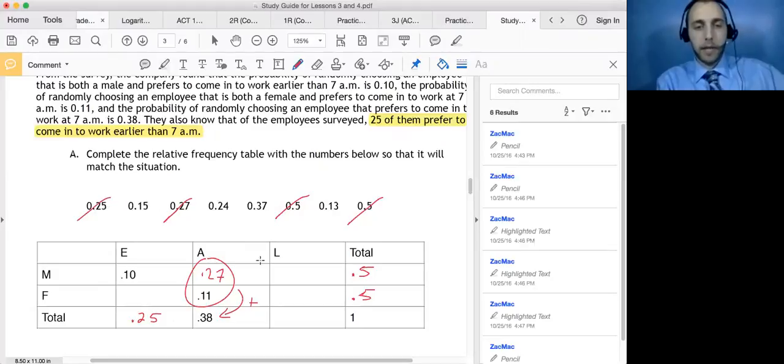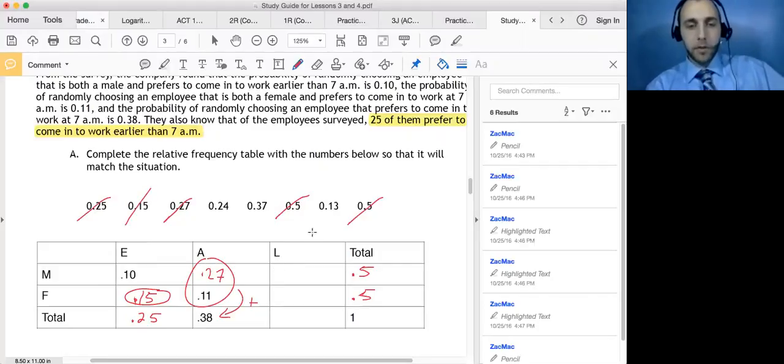Cross that off, that counts. And again, just like we did the A column, for the E column, we know 0.1 plus whatever's in here needs to equal 0.25. So that means this has to be 0.15.